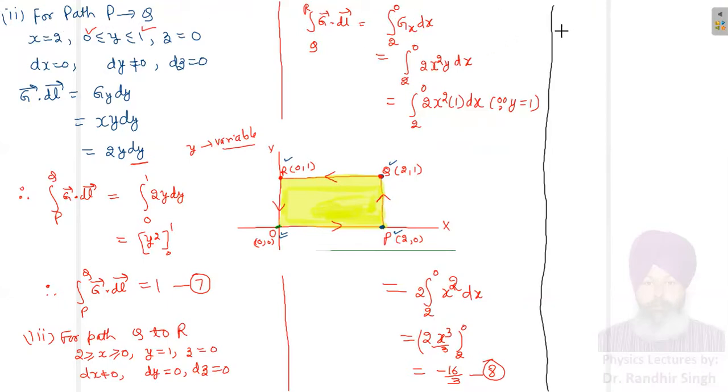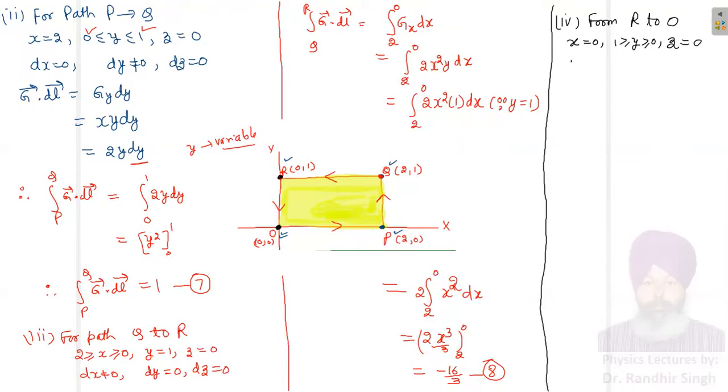Okay, so this is now from R to O. You can see at R the value of y is 1, and at O the value of y is 0 and x is 0 everywhere. So x is 0 everywhere, y is decreasing from 1 to 0, and again this segment also lies in the xy plane, so z is 0.